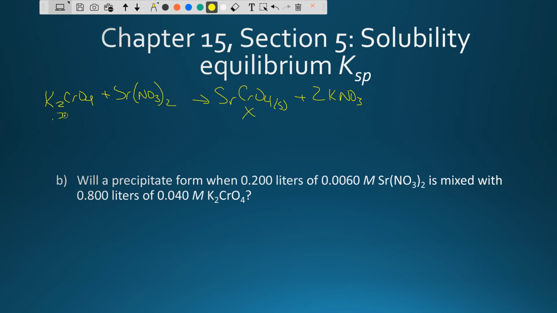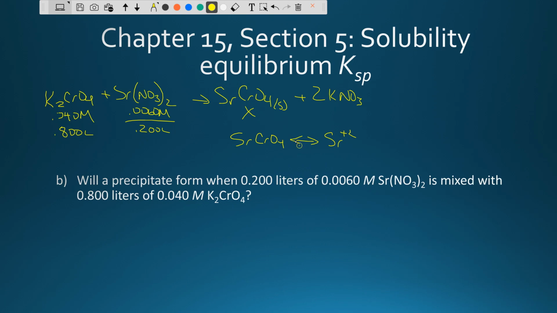Notice that I started with 0.040 molar solution, and I'm adding 0.800 liters of it. And I have here 0.0060 molar solution, and I'm adding 0.200 liters of it. Okay, so when I do this, I'm going to be forming strontium chromate. Strontium chromate is SrCrO4, but that's going to dissociate into strontium ions.